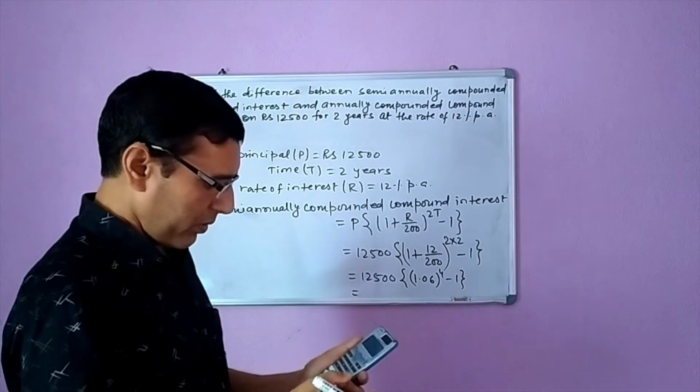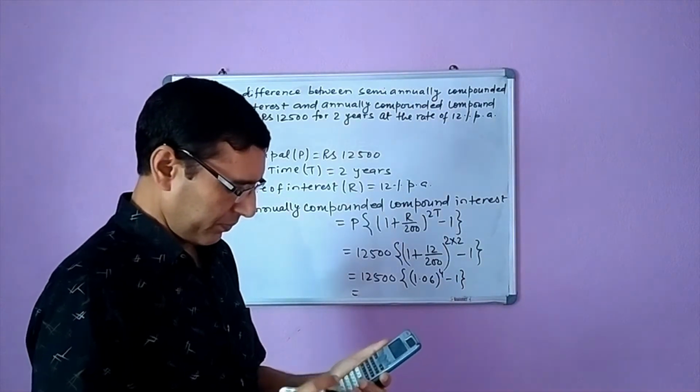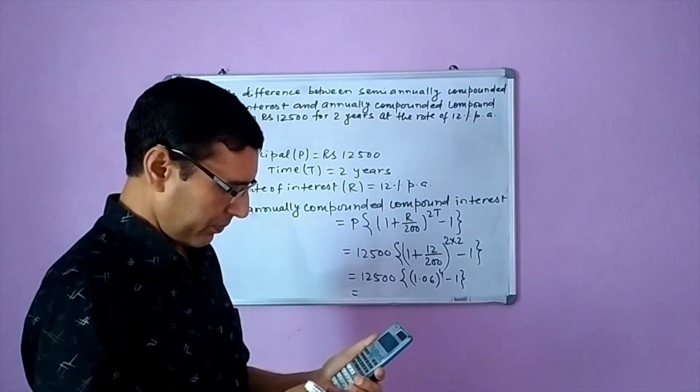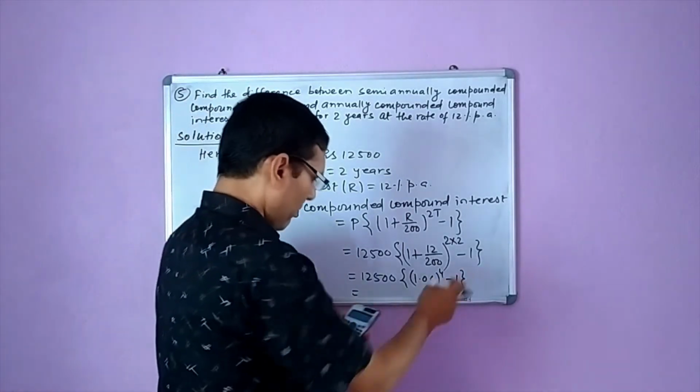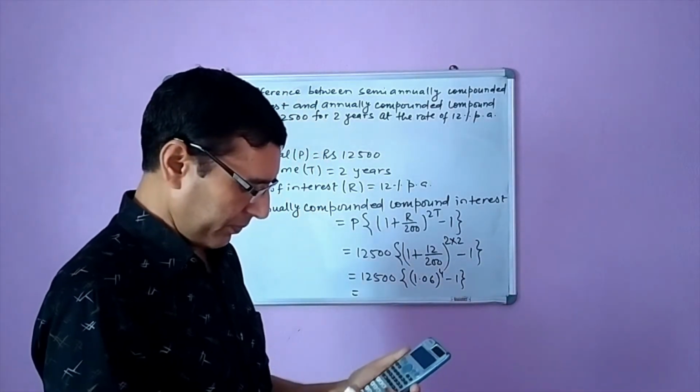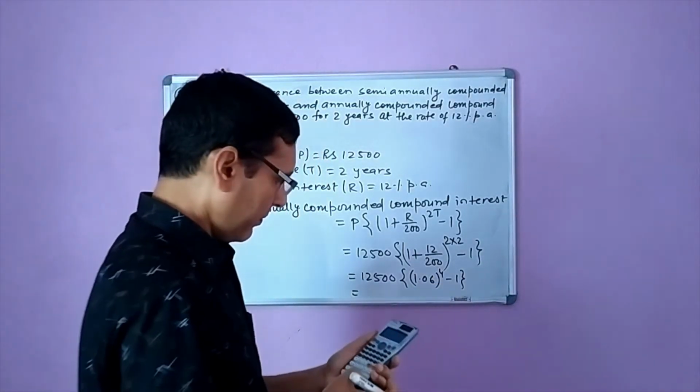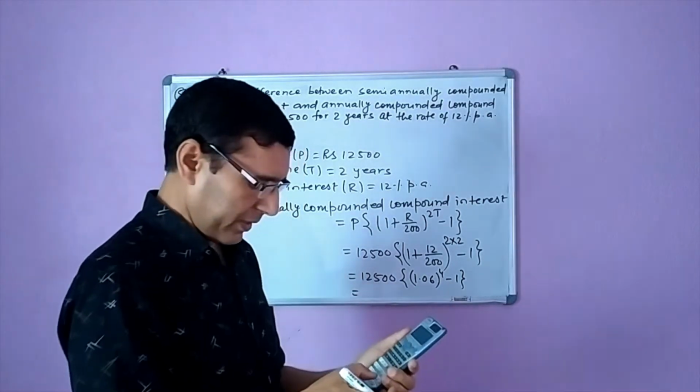1.06 to the power 4 minus 1, into 12,500.